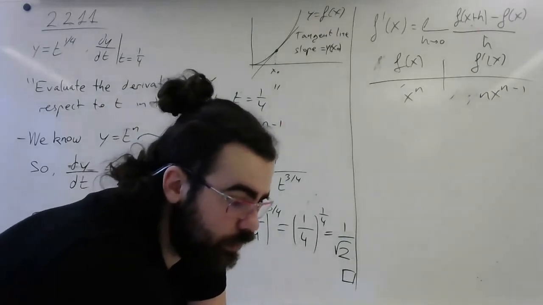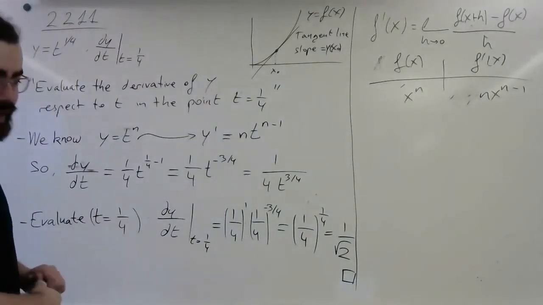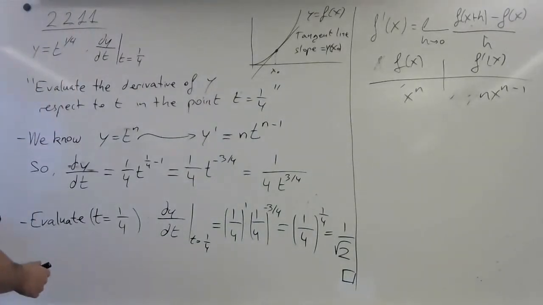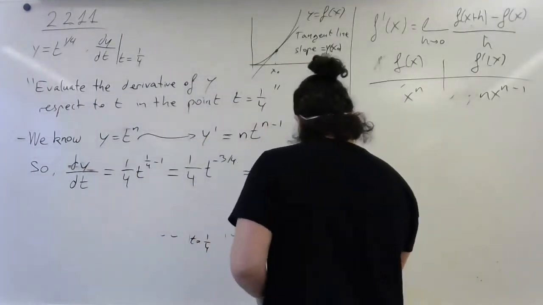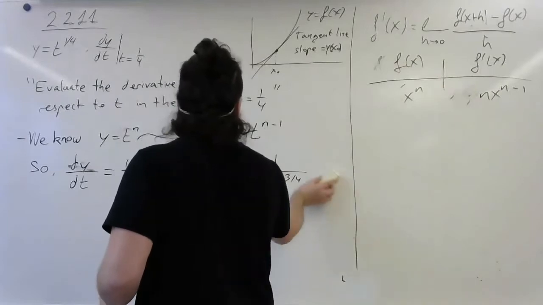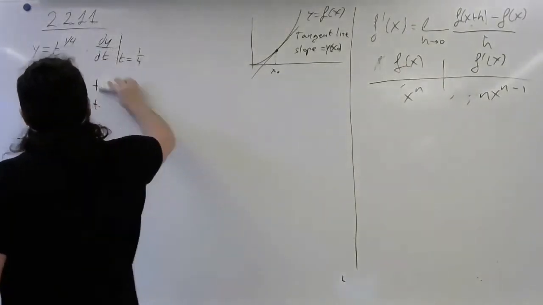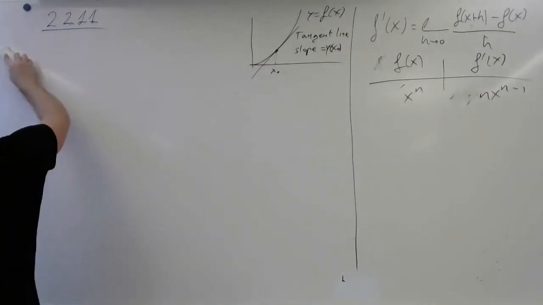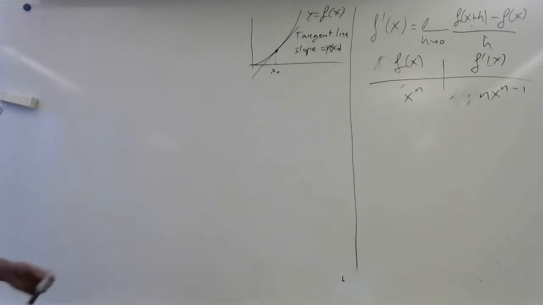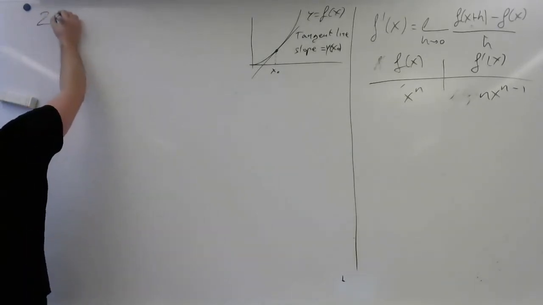Okay, then moving on. We have already seen some basic examples of how derivatives work. Now we're going to talk about the rules of derivation. Now, 2.3.1.